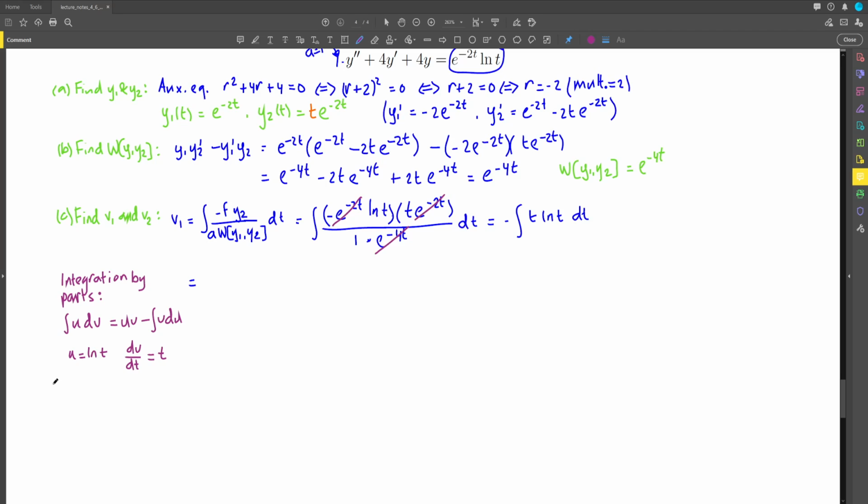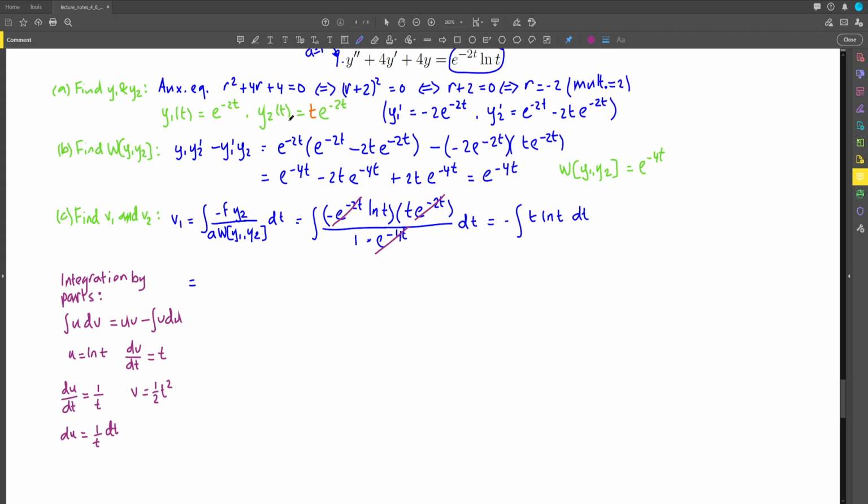And so what we find is that du/dt is 1 over t, and in order to find v, we have to take the antiderivative of this, and so we find that v equals 1/2 t². And in order to rewrite this to find what is du, we just multiply both sides times dt, and we get du = 1/t dt.